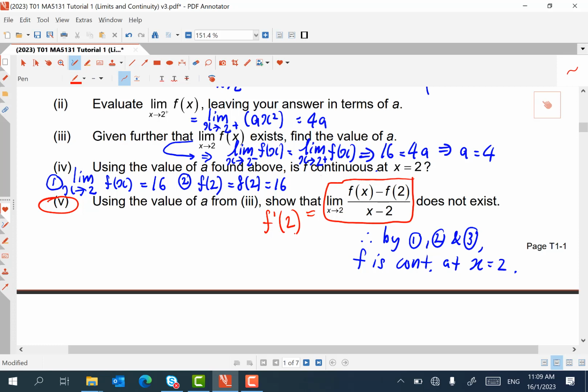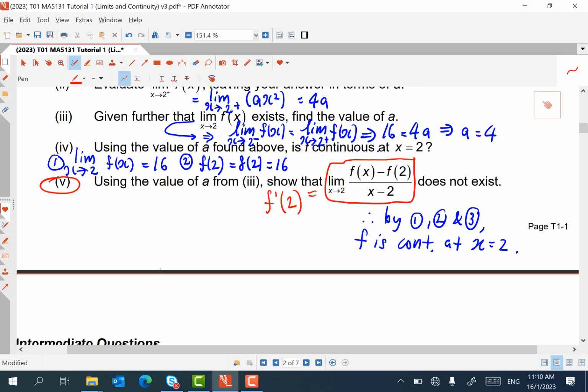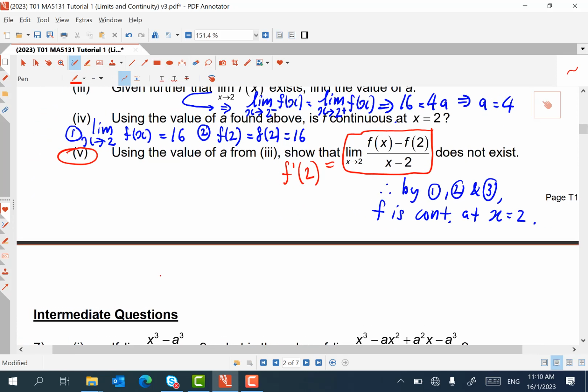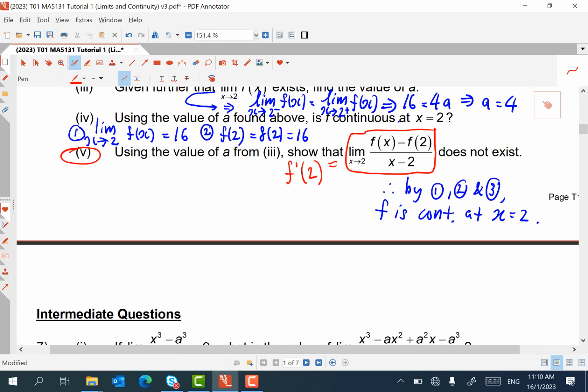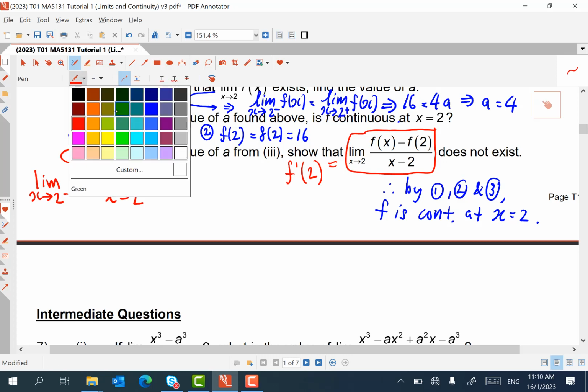Finding the derivative at x equals to 2. Now, to find this limit right now, because the function is defined differently on either side of 2, to do this question part 5, you really have to go through that trouble to actually work up this, and also to work up this one.